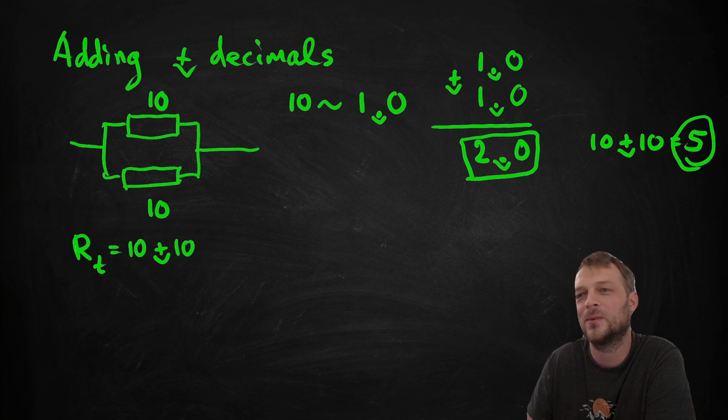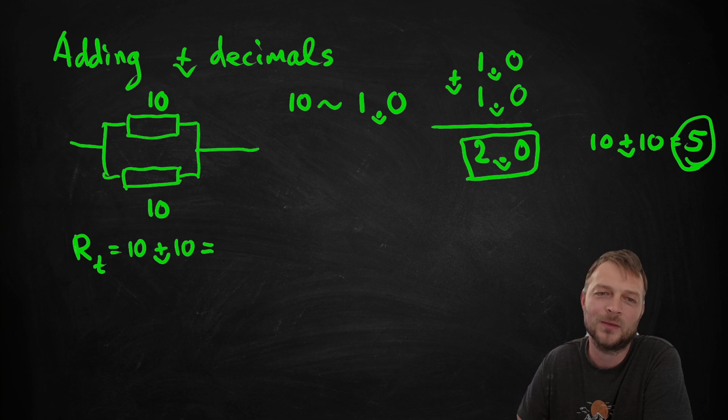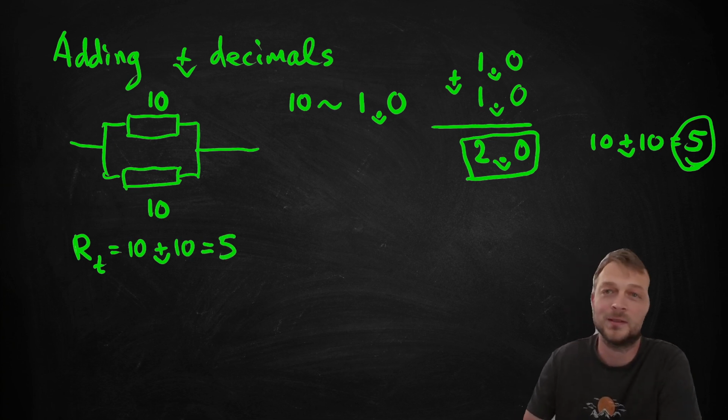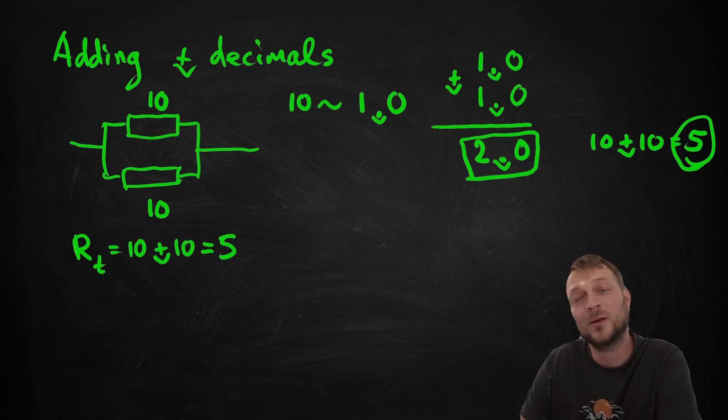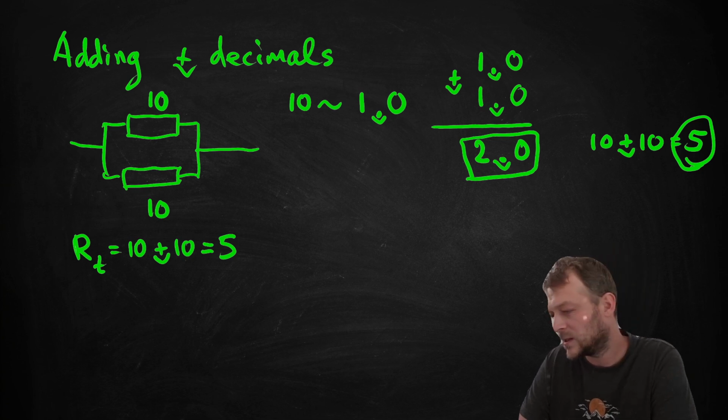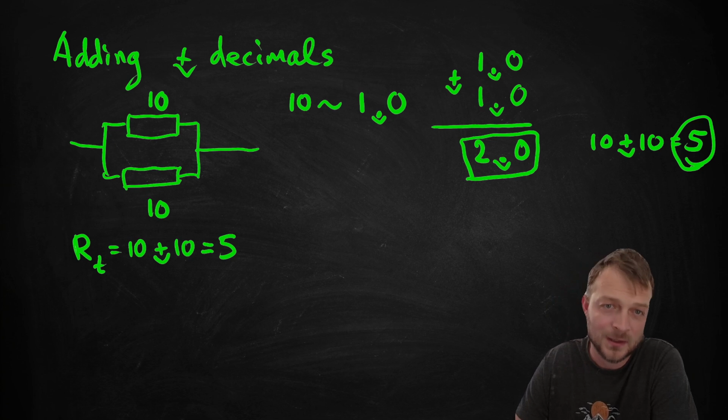Okay, so we got 5 as a result. So, and we know that 5 is also the result of total resistance. So we made computations through decimal representations here. Let's consider another example. Let's take more interesting case.